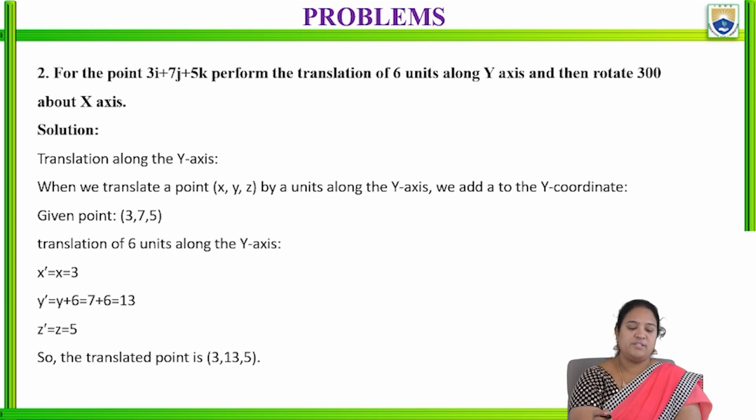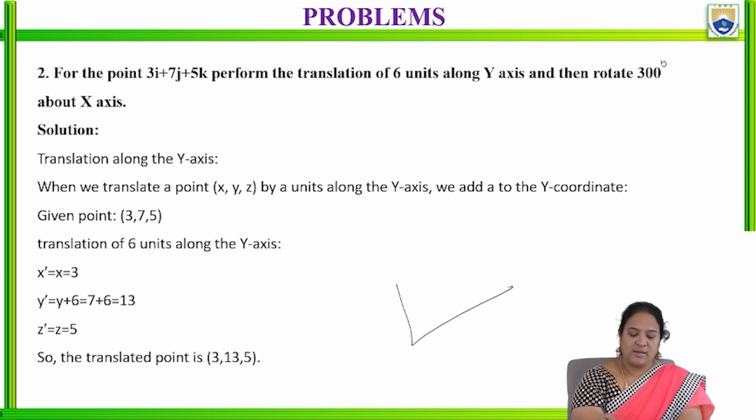Moving on to the next problem. For the point 3i plus 7j plus 5k, perform the translation of 6 units along the y-axis and then rotate 300 degrees about the x-axis.